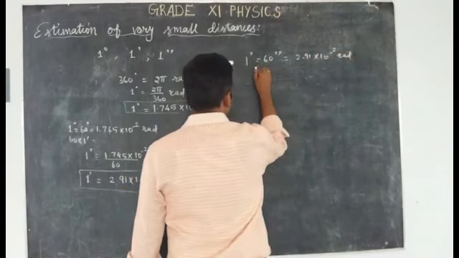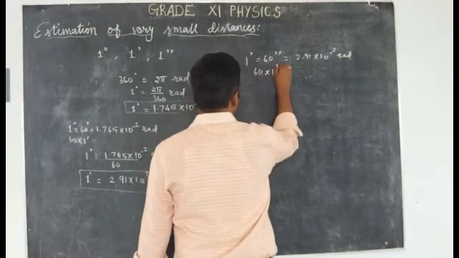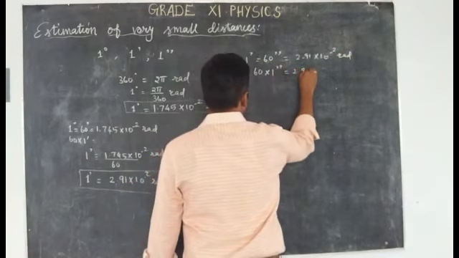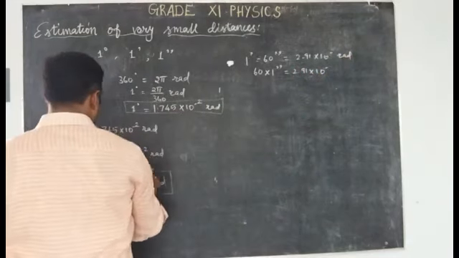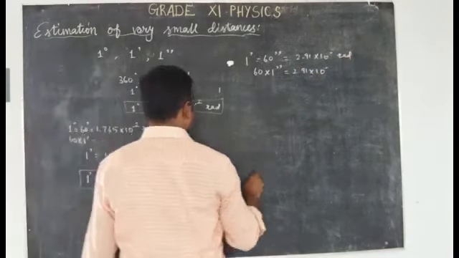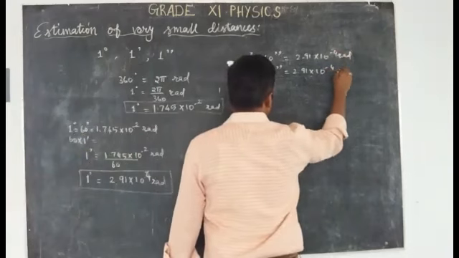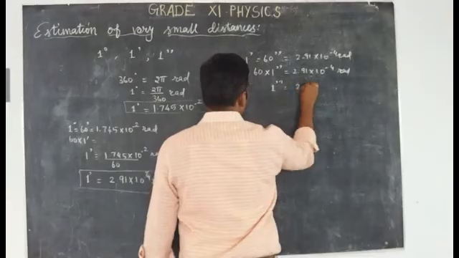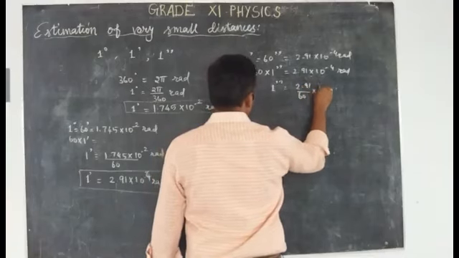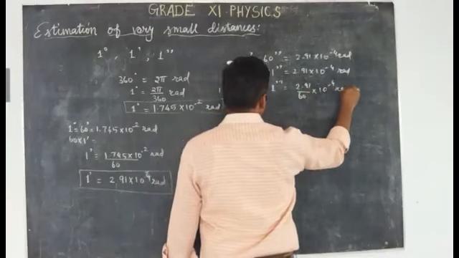So we can further write it as 60 into 1 arc second is equal to 2.91 into 10 to the power minus 4. Therefore, 1 arc second is equal to 2.91 by 60 into 10 to the power minus 4 radian.